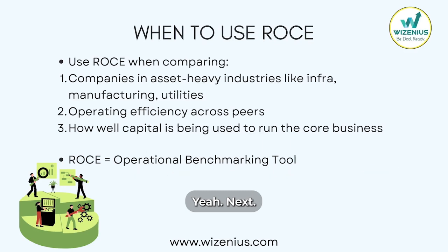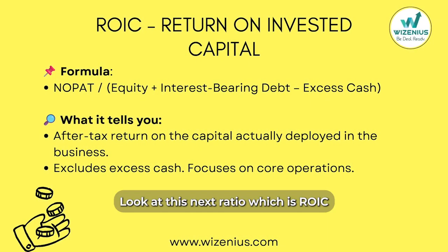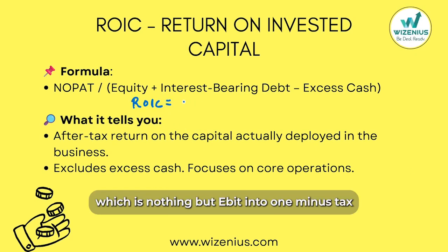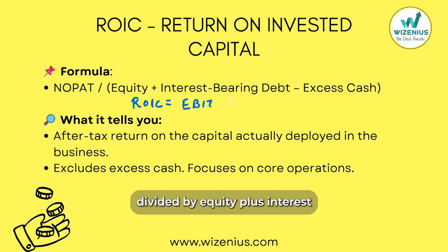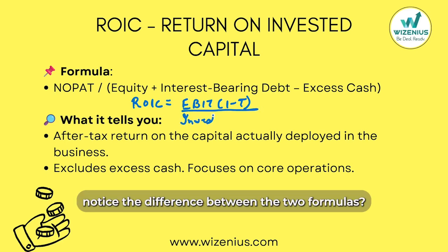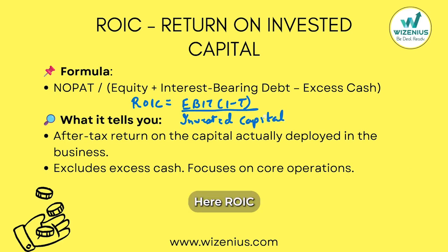Next, look at this next ratio, which is ROIC, return on invested capital. The formula is NOPAT, which is nothing but EBIT times 1 minus tax, divided by equity plus interest bearing debt minus excess cash. Did you notice the difference between the two formulas? Here, ROIC removes the idle cash.